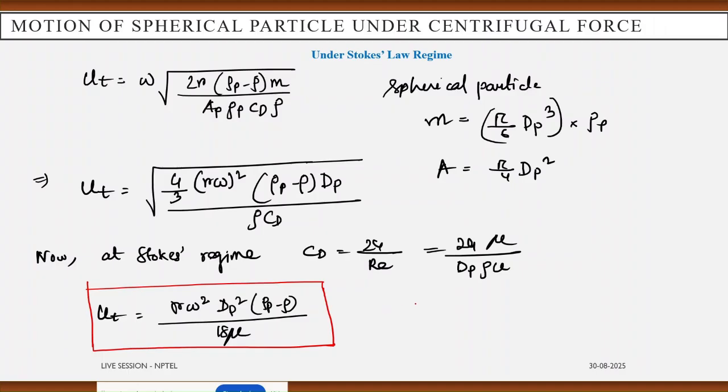So from here you can see that the ratio of ut at centrifugal to ut at gravitational under Stokes law condition is nothing but r omega square by g.